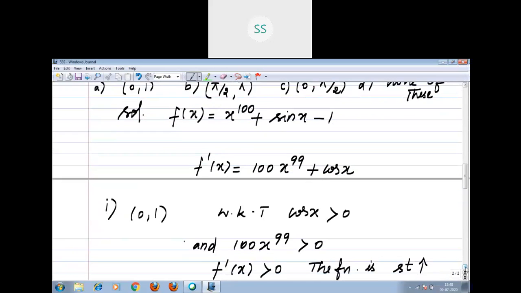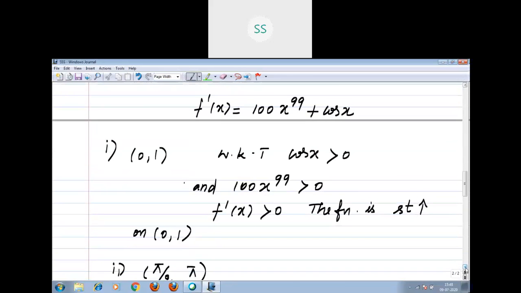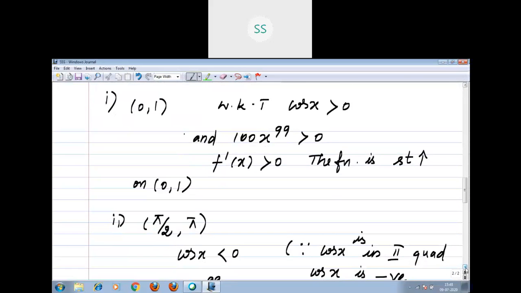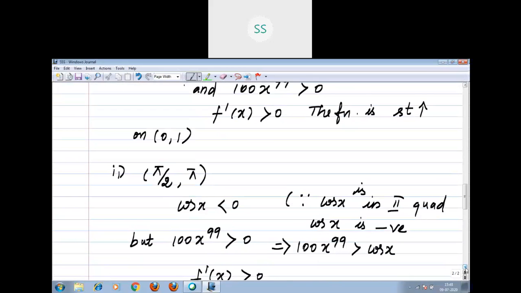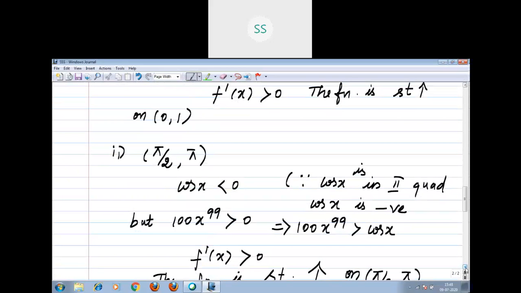You have to go through. If you want, you write f dash of x equals, for your purpose, right? See here, f dash of x equals 100 into x power 99 plus cos x. 100 into x power 99 is positive, that is the greater positive.